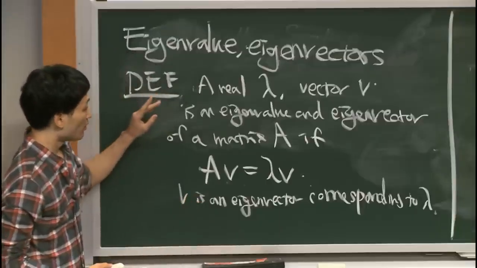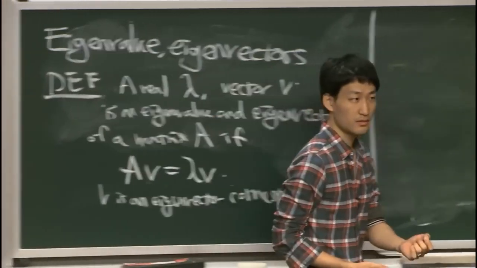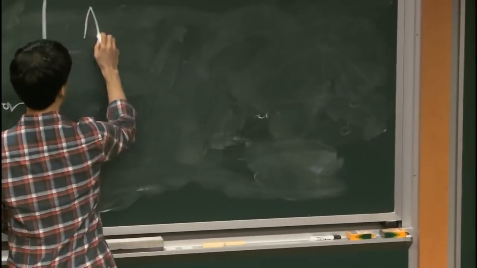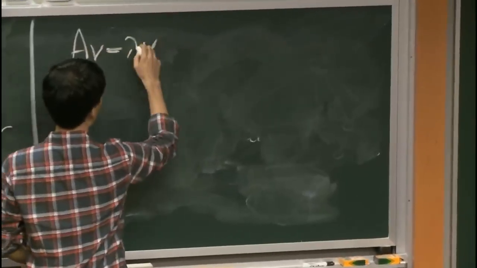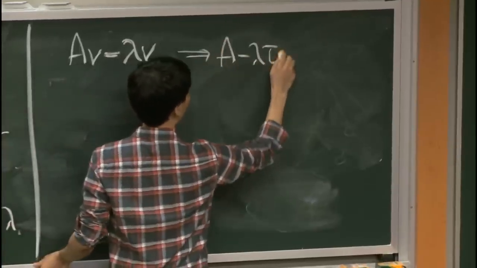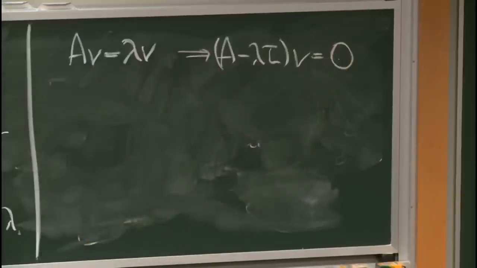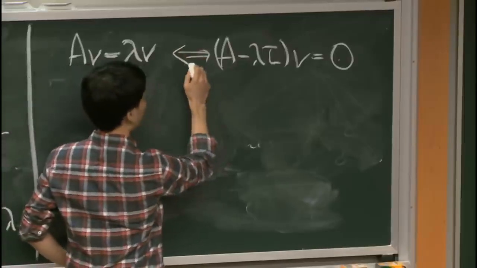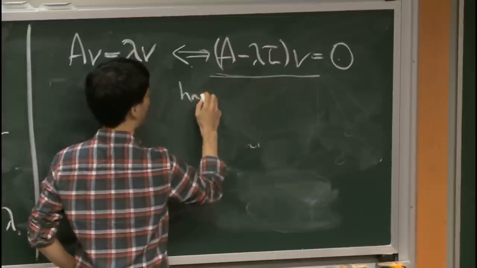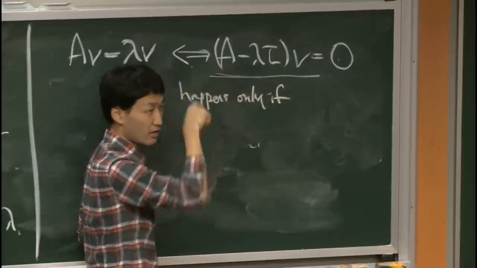Okay. First question: does every matrix have eigenvalues and eigenvectors? No? So, okay, let me go on. It looks like this is a very strange equation to satisfy, but if you change it to this form, A minus lambda I times v equals 0, it still looks strange. But at least you understand that this can happen only if A minus lambda I does not have full rank.